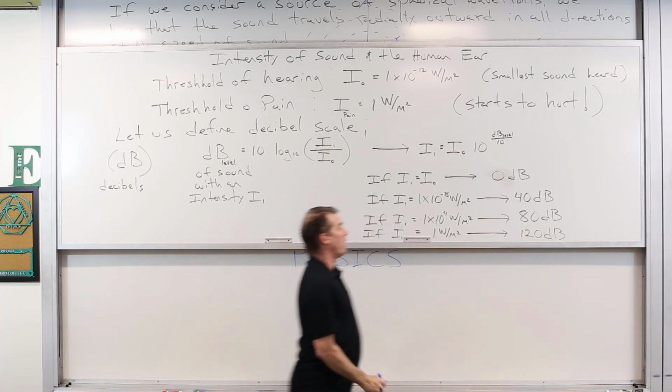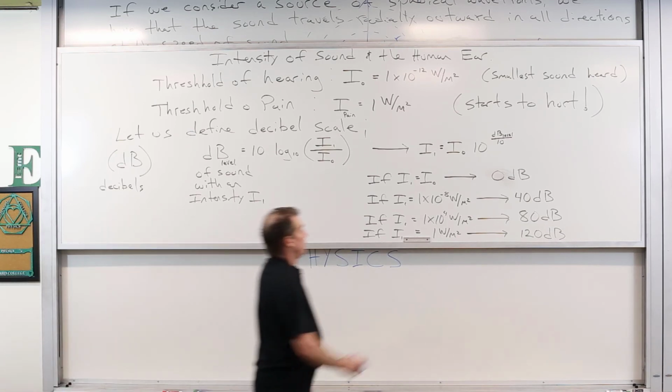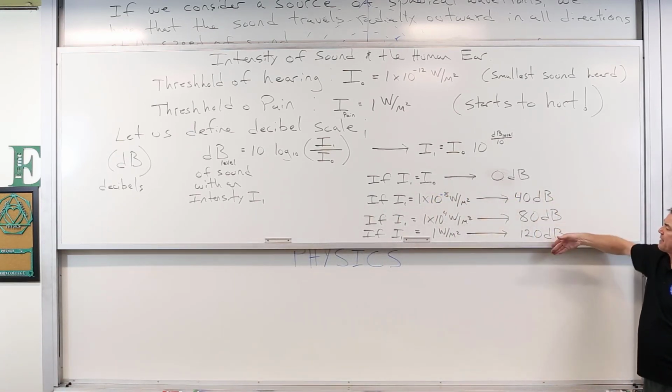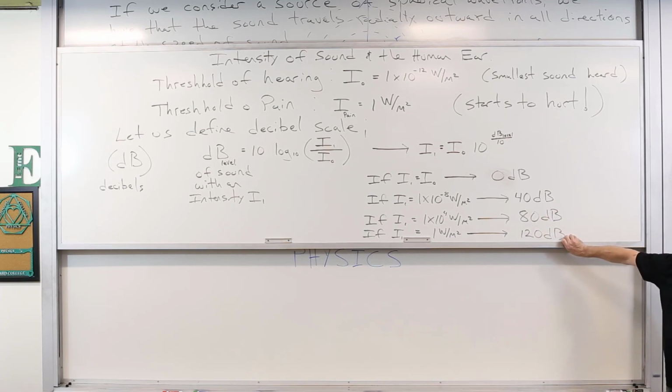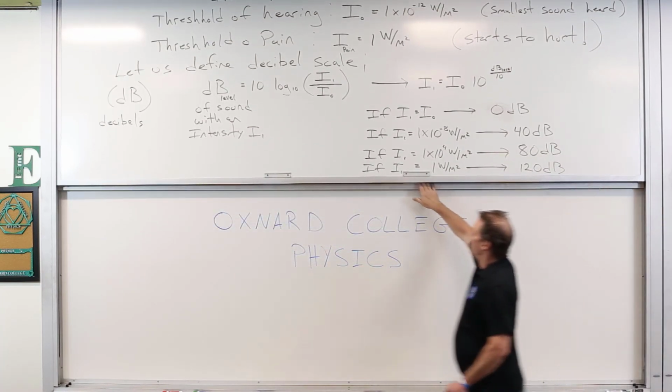That correlates with 120 decibels. Again, measured relative to I0 correlating with 0 dB. But this is like the decibel scale now. The loudest sound that you can withstand without falling into pain and covering your ears is about 120 decibels. Beyond that, you start to risk permanent damage to your ears.